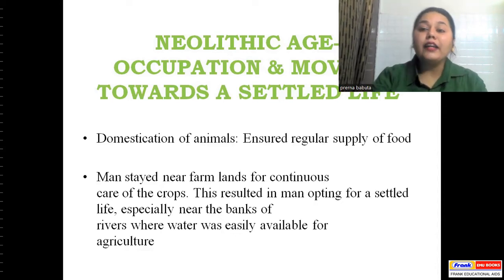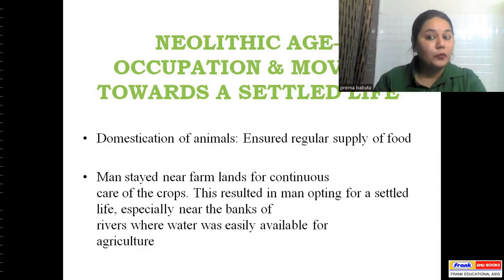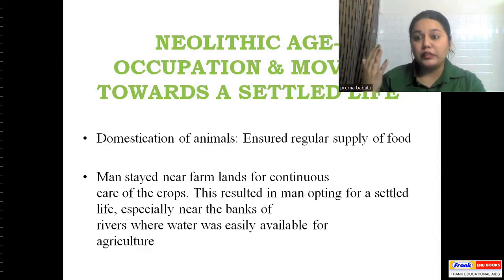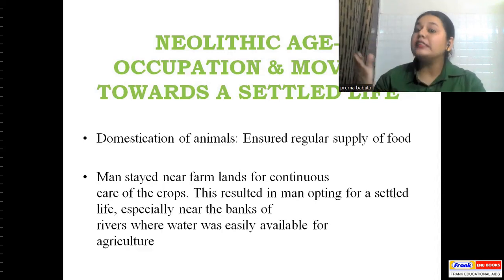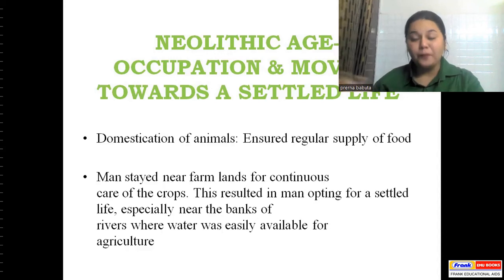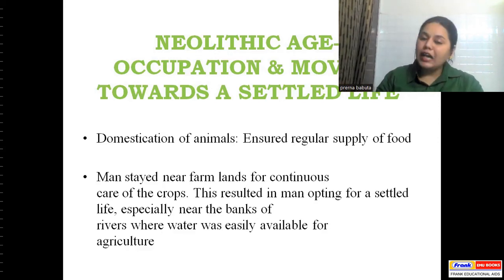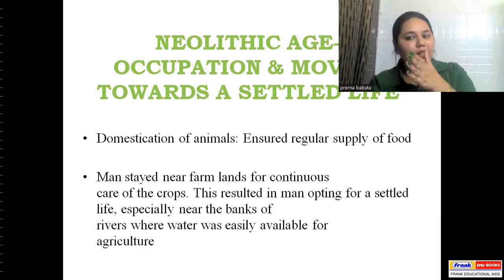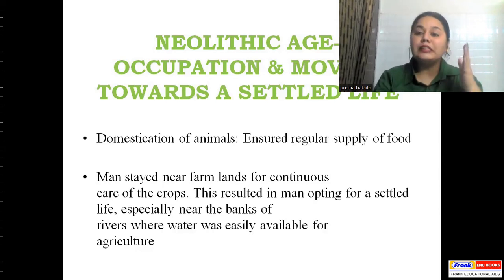And now, because he was creating beautiful agricultural lands, and we know that any plant doesn't grow overnight, any tree doesn't grow overnight. It takes a few months and sometimes a few years as well. So the man of the Neolithic age, understanding this, started living near the agricultural lands. Again, he moves from the nomadic life to a proper settled life.